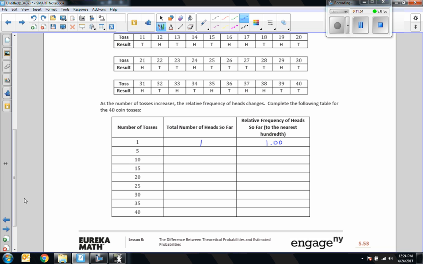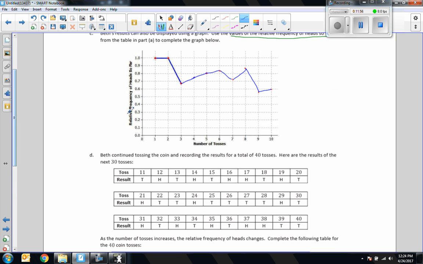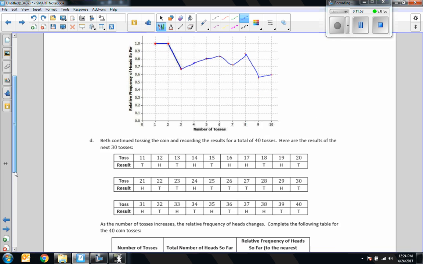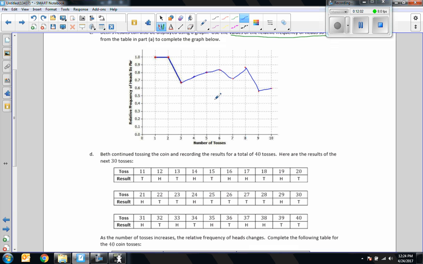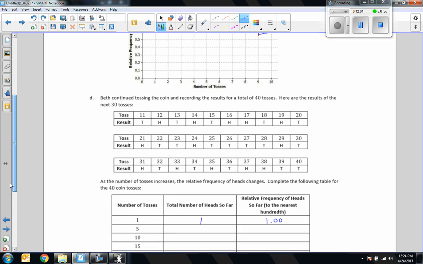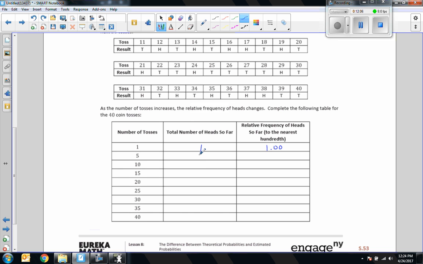When did we get 5 heads? So if I come up here, number of tosses 5, I look at 5, that was 0.8 from my table, so that is going to be 0.80 because there were 4 heads by the 5th toss.